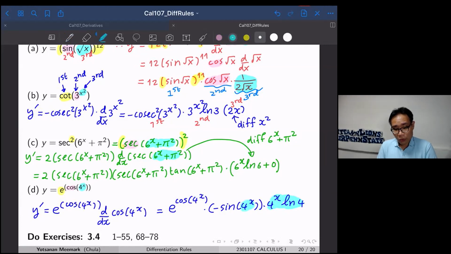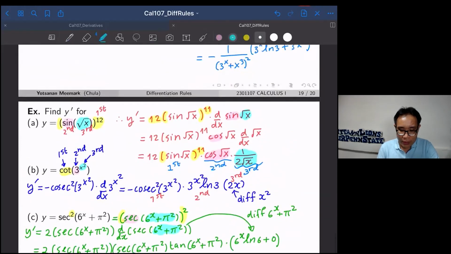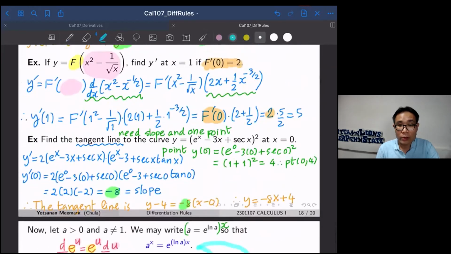Okay, so this is the whole thing for the chain rule. You have to be able to find derivatives by using the chain rule. It's going to be a very important technique in order to find the derivative of a given function. Okay, if you don't quite understand, rewatch this video again.